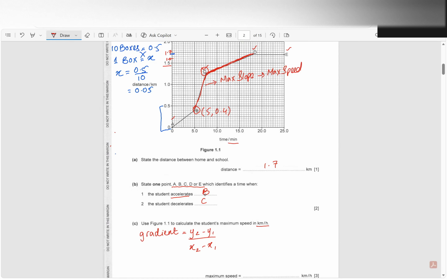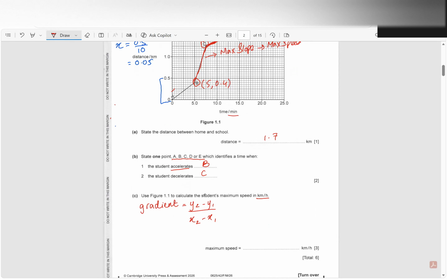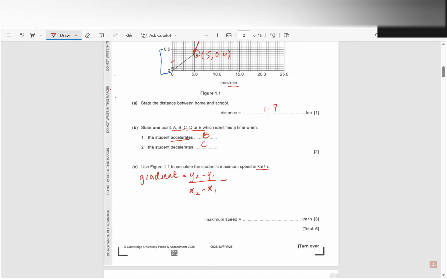Now when we talk about point C, the graph horizontally has traveled a value of 7.5 and vertically it has traveled a value of 1.25. Using these coordinates, we're going to find the maximum gradient, therefore maximum speed.